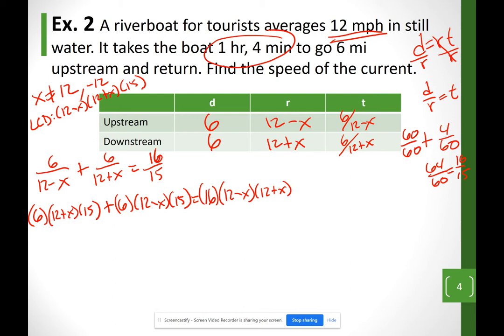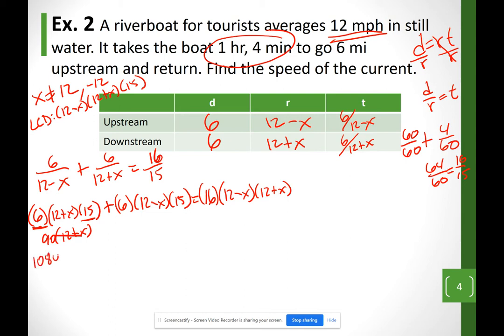Let's get rid of parentheses. Let's make this a little bit easier to read. 6 times 15. I'm going to multiply what I see that it's easier to multiply. 6 times 15, that's 90. So I have 90 times 12 plus x. 90 times 12 is 1080.